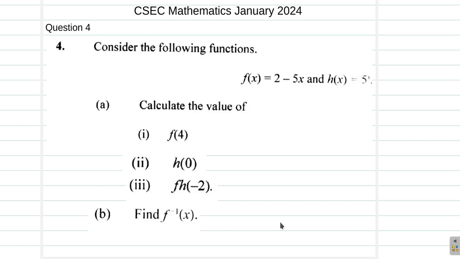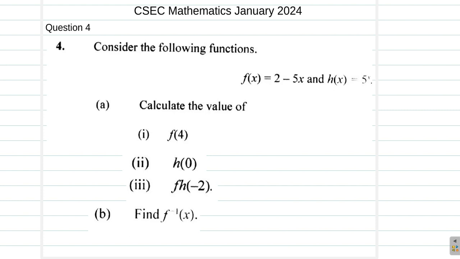Welcome back. We're looking at the CSEC Mathematics January 2024 paper, and we're at question 4. Now we're at part A and B of question 4. It says consider the function. You have f of x equal to 2 minus 5x.